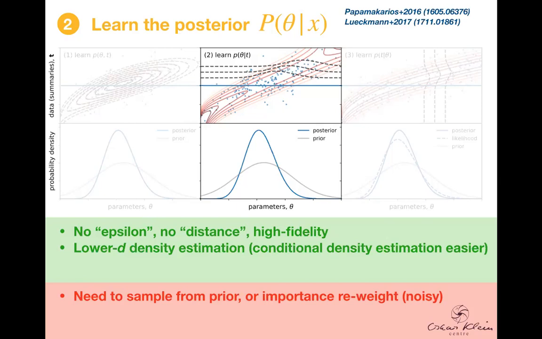So regression is easier than density estimation. This typically requires far fewer simulations to get high fidelity results. But if we want to have an adaptive proposal density, then we still need to do importance reweighting, which adds noise to the density estimation.